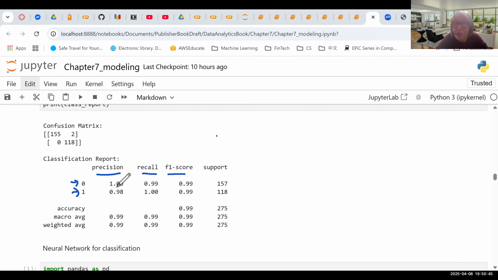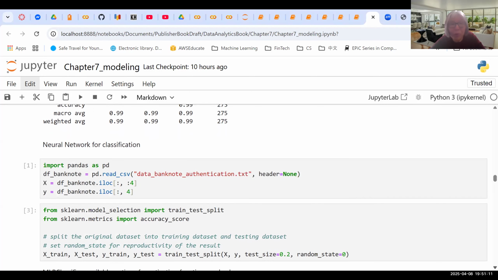About the performance metrics, it also gives you the accuracy and the weighted accuracy. So besides accuracy, you can also consider the confusion matrix, precision, recall, and F1 score for your model.